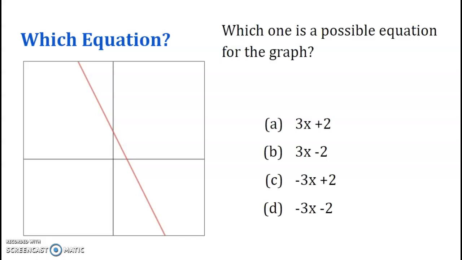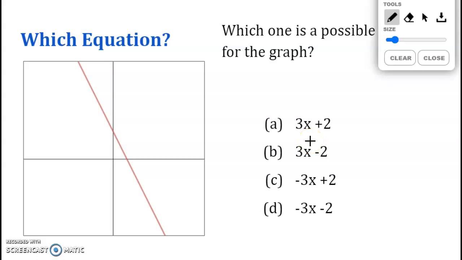Looking at this, what sort of slope is it? Remember, positive goes up like this, negative goes down, zero is flat, and undefined is vertical. So these are positive, negative, zero, and undefined. What kind of slope is it? It's a negative slope. That means we don't want positive 3 in front of the x, we want negative 3.